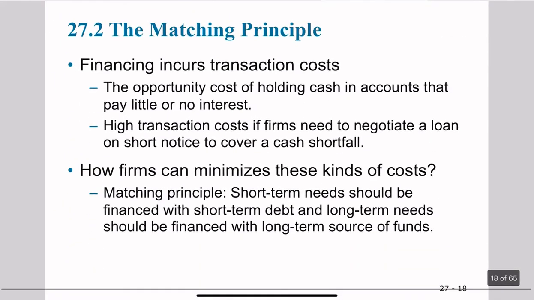Okay, now let's talk about the matching principle. So if you think about financing, financing is actually an expensive process. There are a lot of transaction costs, right? So think about this. Let's say you're a firm.